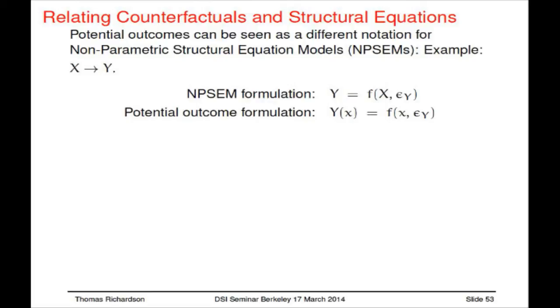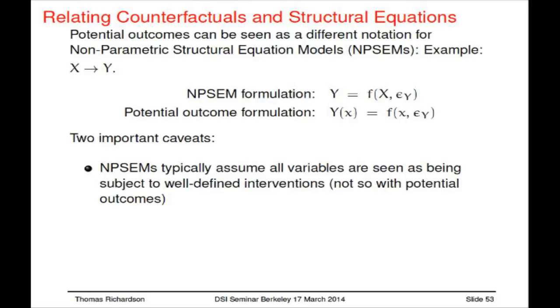Assuming that our graph system is acyclic, these are just two different ways of writing the same thing. But there are two important caveats: non-parametric structural equation models, at least typically, assume that all variables are subject to well-defined interventions, whereas for potential outcomes we don't necessarily assume that.